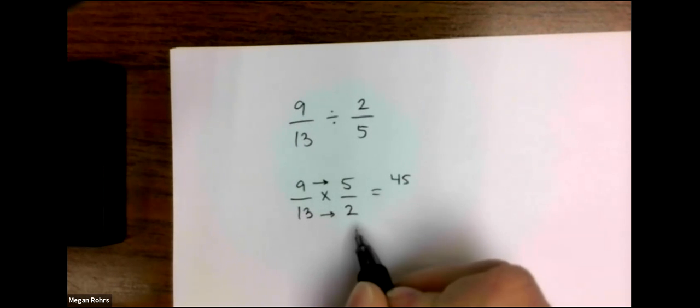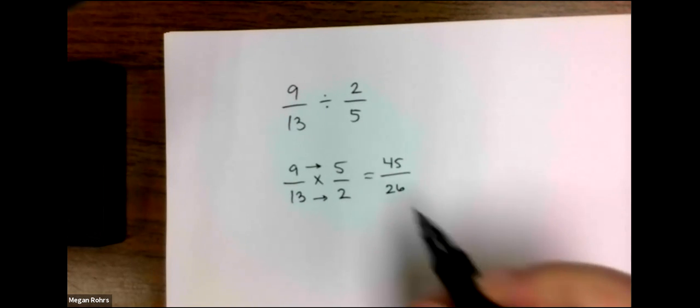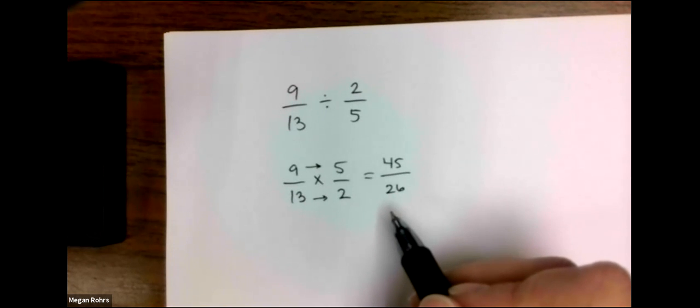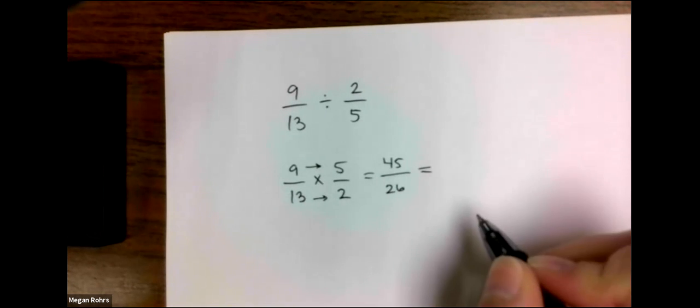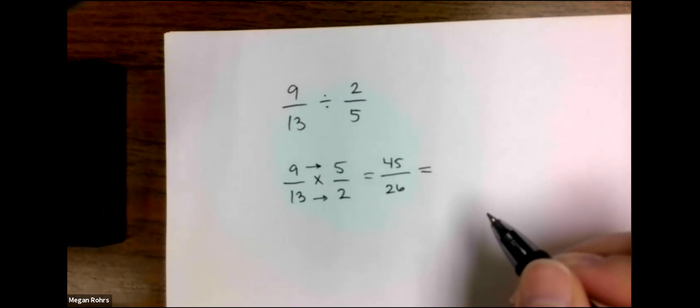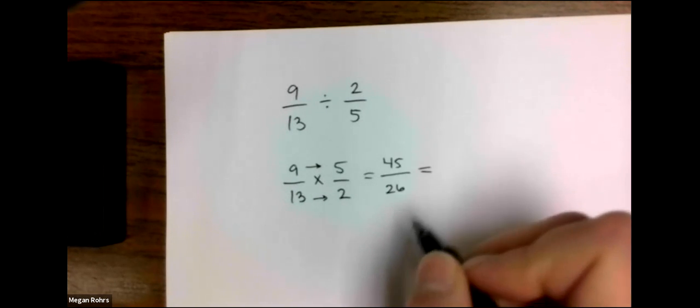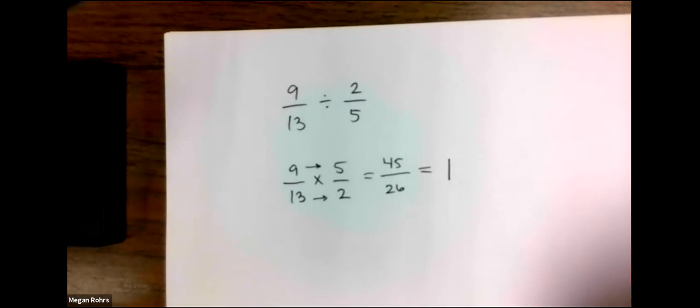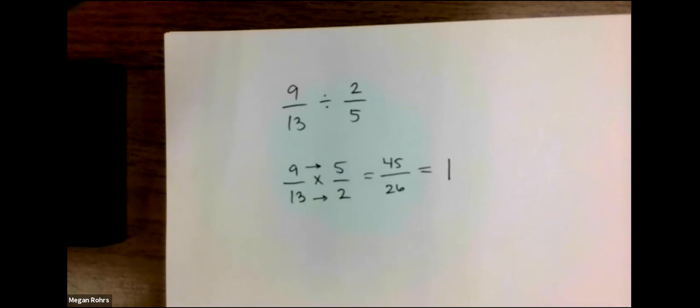Anytime you see multiplication with fractions, multiply straight across. 9 times 5 is 45. 13 times 2 is 26. We have an improper fraction here, so I need to change that to a mixed number. I know 26 will go into 45 one time, and the remainder here, we would take 45 minus 26.